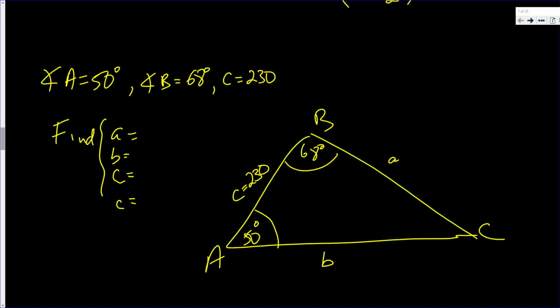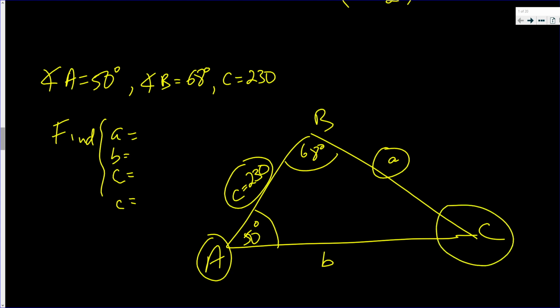Now, when it comes to finding little a, we have our pair where only one is unknown, but there's no other pair. The only other thing they gave us was little c. Well, is there a way to find big C? The answer is yes. 50 plus 68 plus angle C should add up to 180. 0 plus 8 is 8, plus 2 more gives me 0, carry the 1.